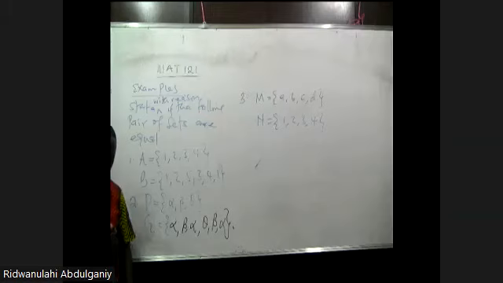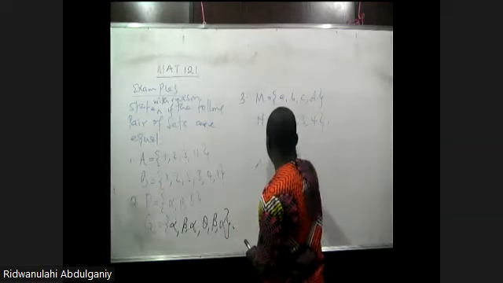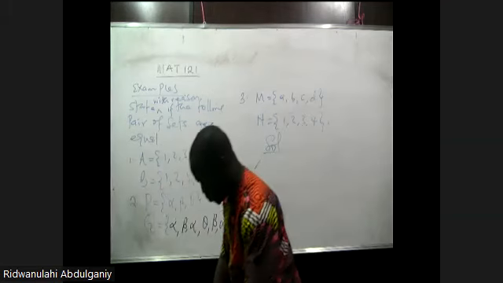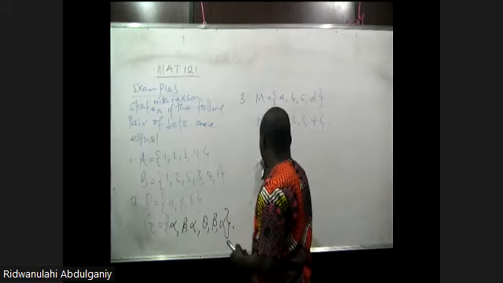If they are not subsets of each other, at least one element will be in either of the sets that will not be in the second one. All elements in P are in Q, all elements in Q are in P. They are subsets of each other, and therefore, let me put the solution here.